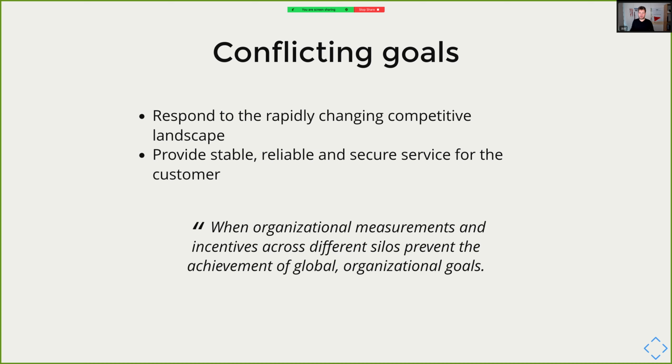IT organizations are usually responsible for many things, and among them are the following goals: respond to rapidly changing competitive landscape and provide stable, reliable, and secure service for customers.